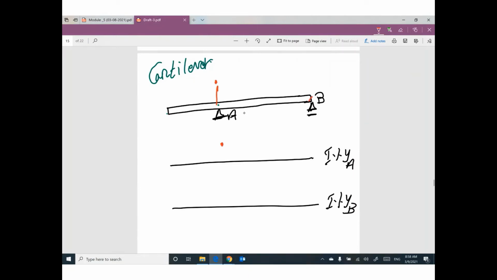The other support will remain. The new shape of the beam, which is one unit, one piece, one line, will be like this. This value is 1. This diagram, which is positive, can be called the influence line for reaction YA.